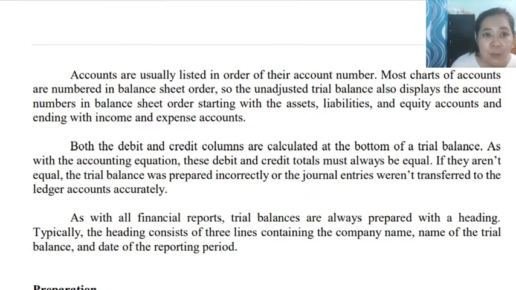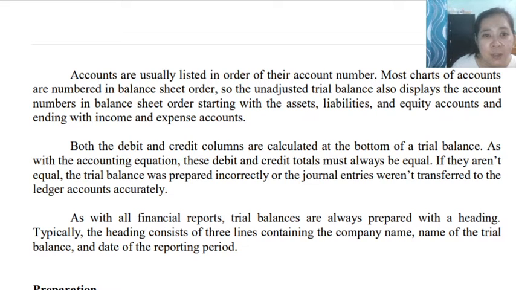Accounts are usually listed in order. How do we list the account titles in the worksheet? Normally, this is based on the account number if the entity is utilizing account numbers, or depending on how they present the accounts.